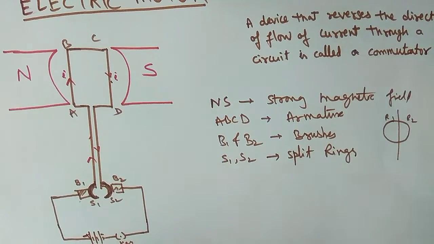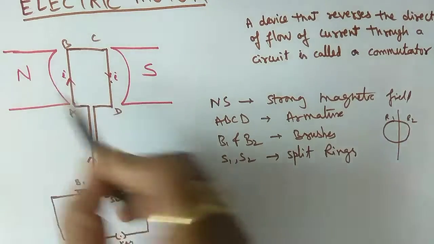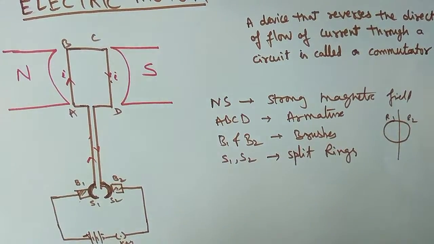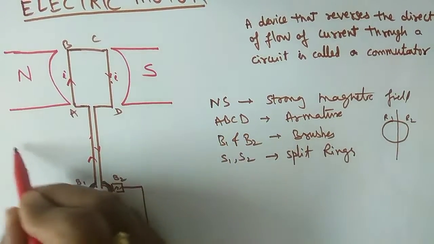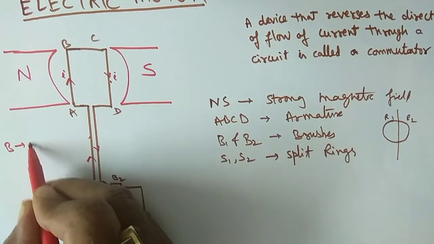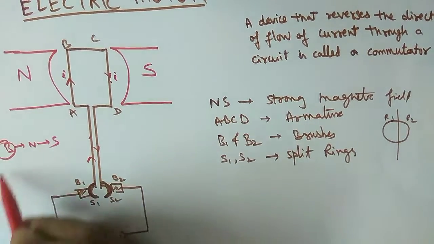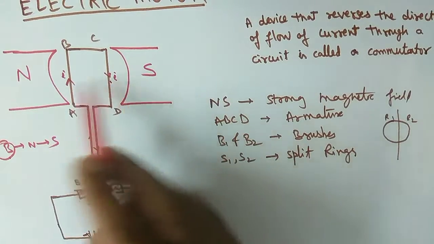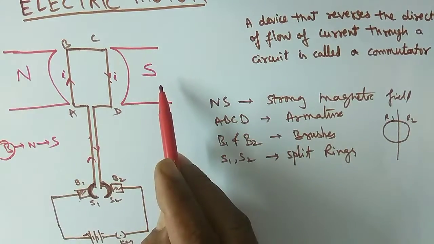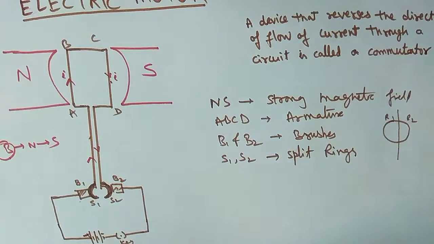And you know the direction of the magnetic field is always N to S. So here the direction of B is N to S. This is the direction of magnetic field, and this is the direction of current.